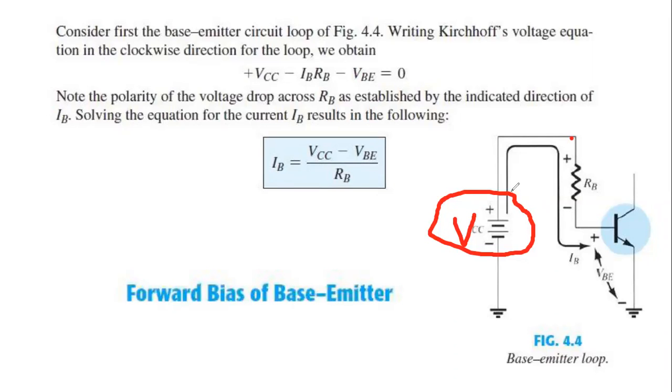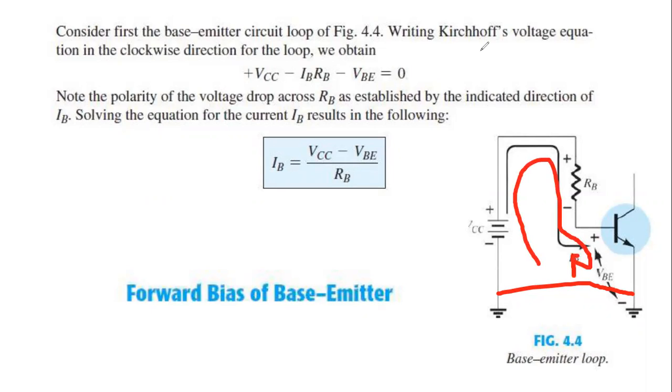Now what can we do, my student? Because these two terminals are shorted, there is a loop available here, so we will apply KVL. If we apply KVL, what do we get? We take the second sign, so VCC plus VCC.